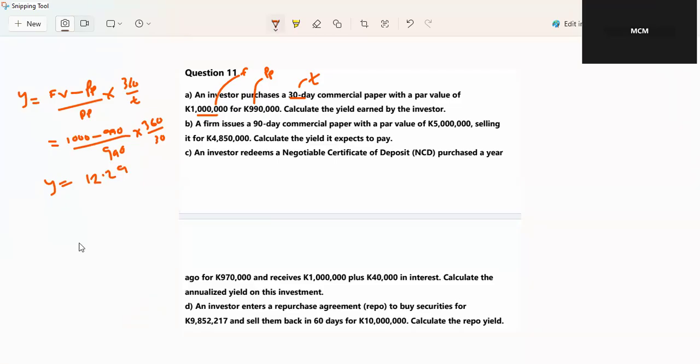Second part of the question: a firm issues a 90-day commercial paper with par value 5,000, selling for 4,850. Calculate the yield. Who wants to try this one? Same formula. So we just substitute what has been given.